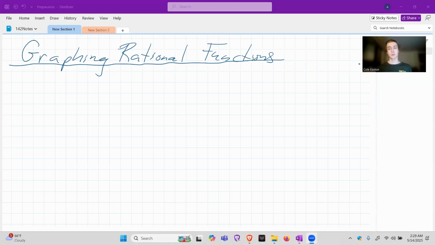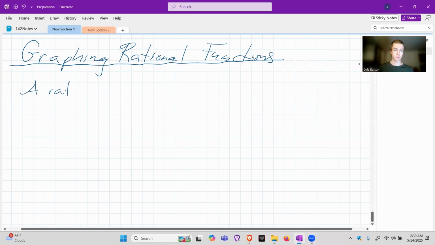So our next topic is graphing rational functions, and this is really the main focus of the first web work assignment, or at least the first half of the first web work assignment. The second half is going to be on optimization, which we're going to cover tomorrow. So graphing rational functions. A rational function, let's just define this here.